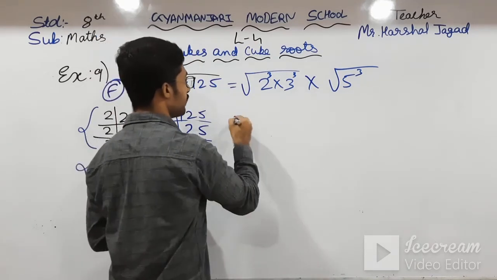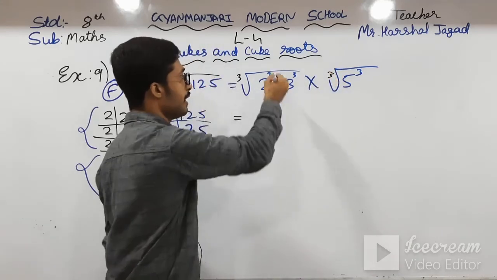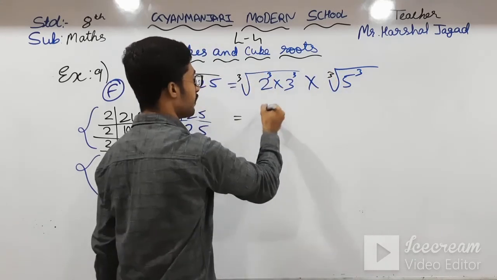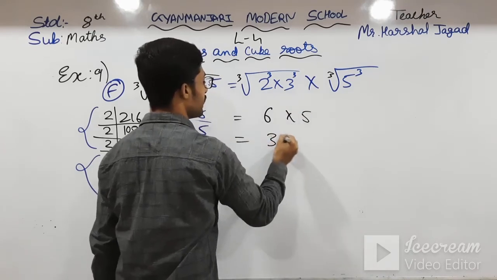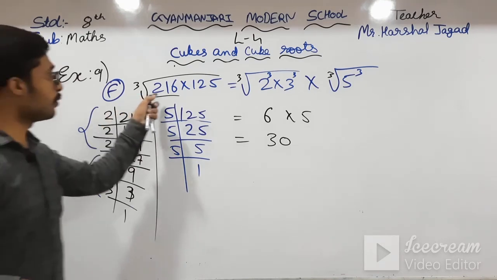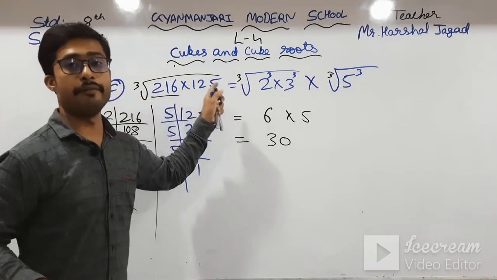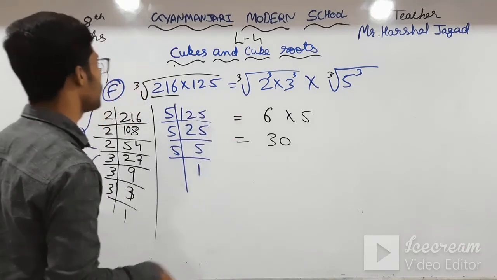We will take out the cube root. Cube will cut out. 3 2s are 6 into 5, that is 30. So if we multiply 216 into 125, we get the cube of 30. Okay students, please note down this.